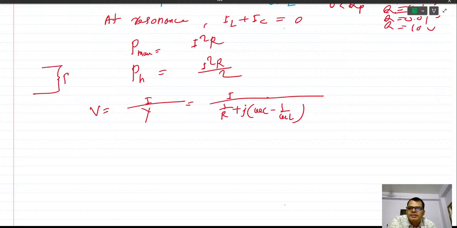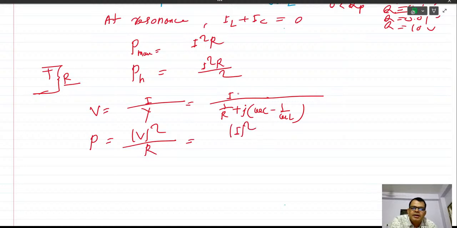So you know this is the V. You have a resistance R. So what is the relation you have studied? That is P will be the V magnitude square upon R. So this is your resistor. So I magnitude square, we are assuming zero phase for the supply current.